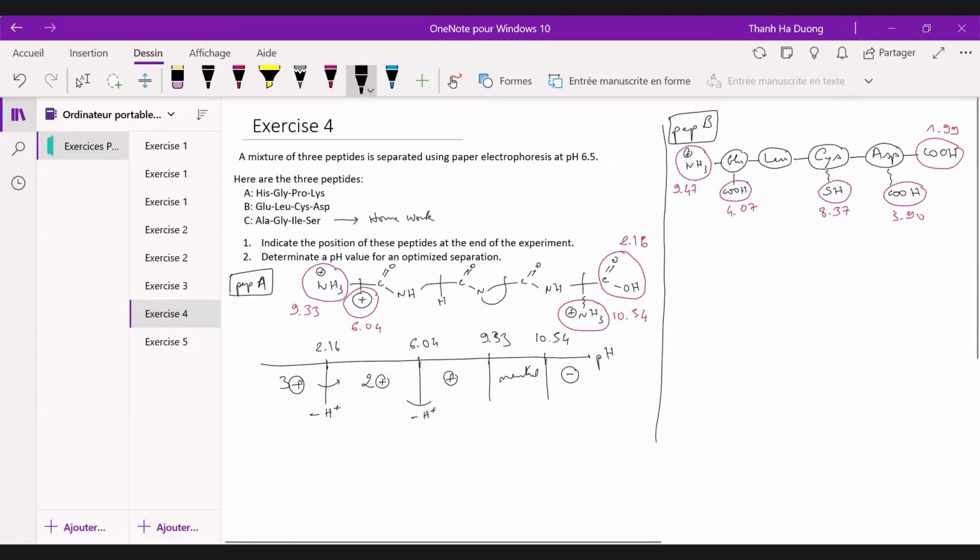Okay? So in my pH diagram, I put the pKa in order.